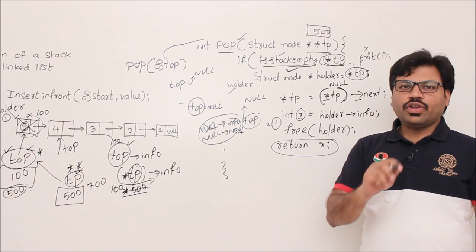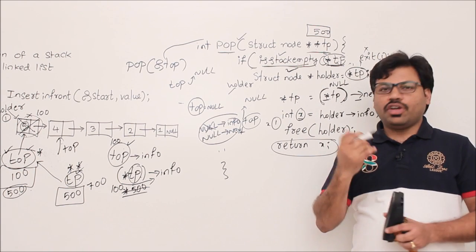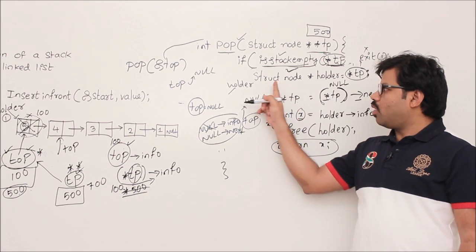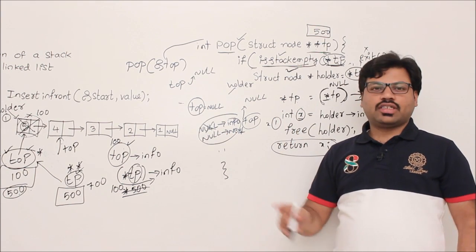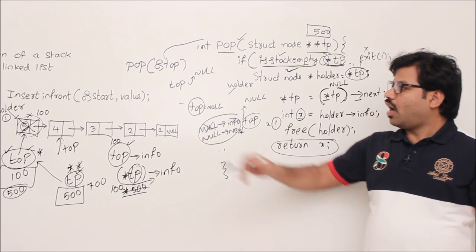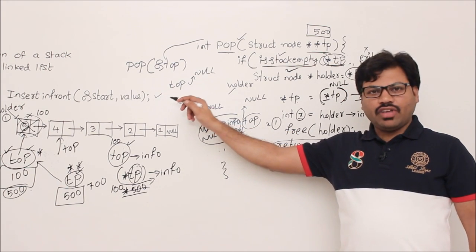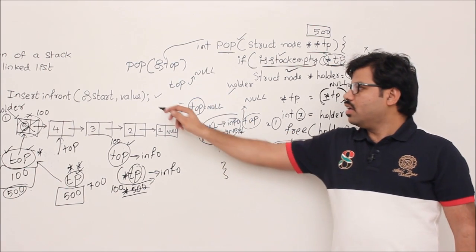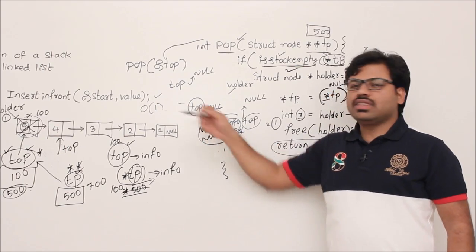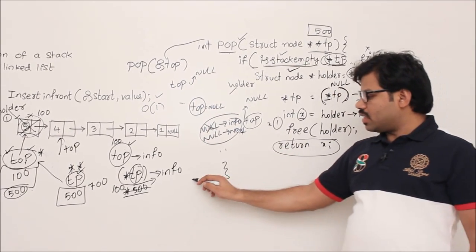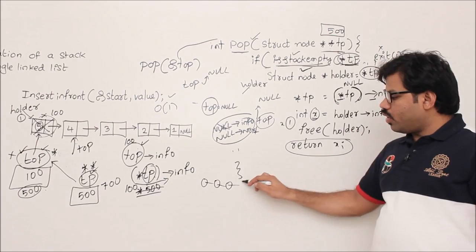Okay. Now we are going to implement eStackEmpty. Before going to that, I would like to discuss the time complexity of pop and the time complexity of insert in front. Already we know insert in front; we have written code, right? It was taking order of one time. We don't really require going to the code.